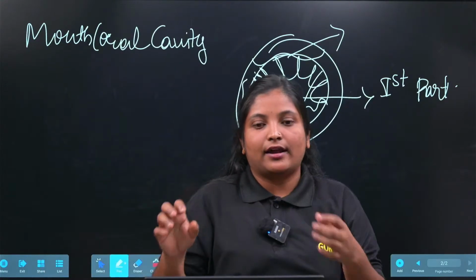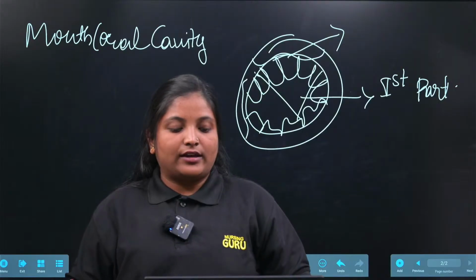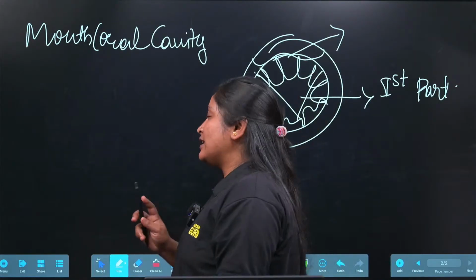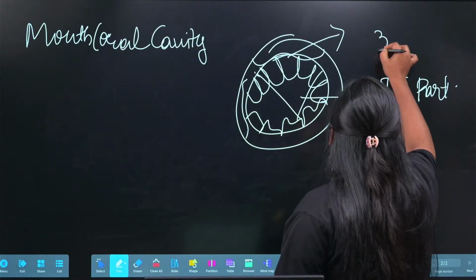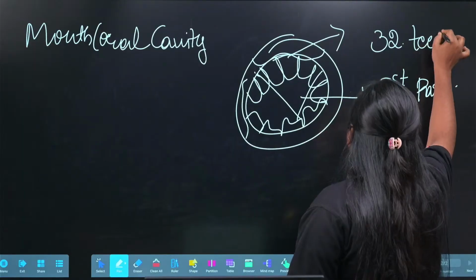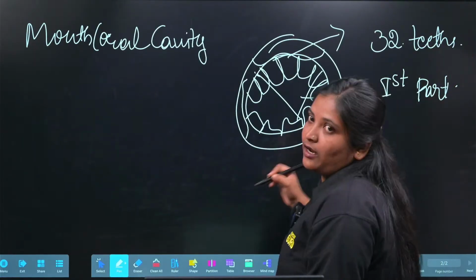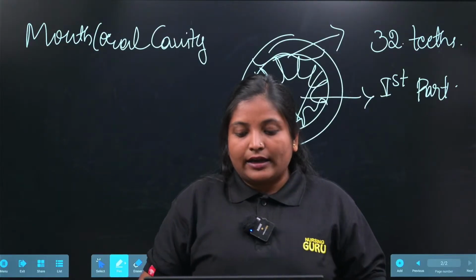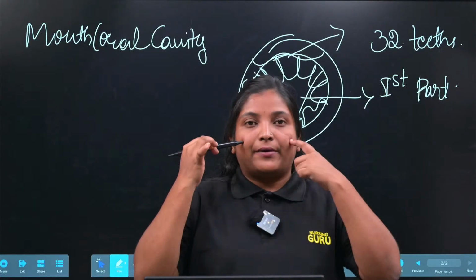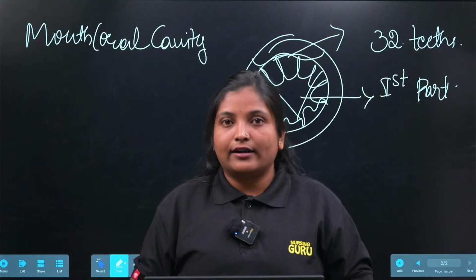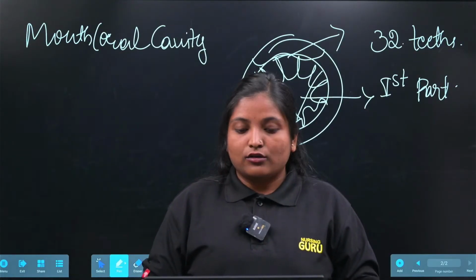In an adult we have 32 teeth. In each jaw, upper and lower, 16 teeth will be there in the adult. That you have to know.